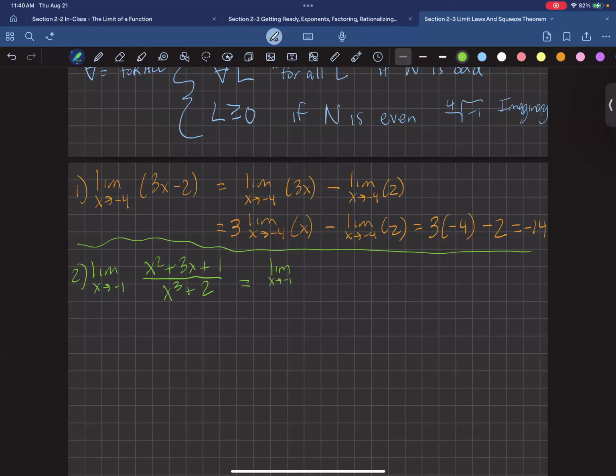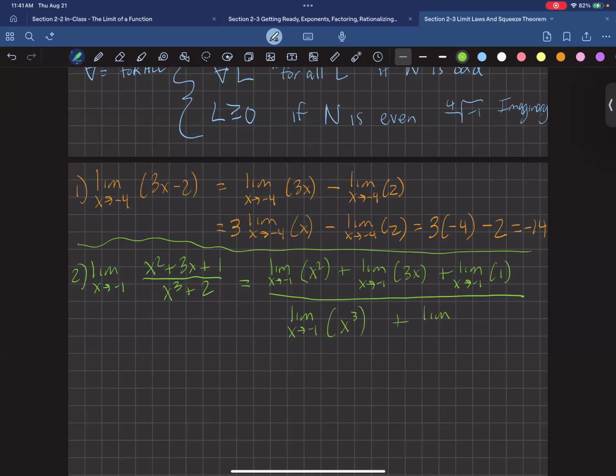The limit as x goes to -1 of x squared, plus the limit as x goes to -1 of 3x, plus the limit as x goes to -1 of 1. Again, we'll learn something faster in a second, but the faster thing works because this step is true. Limit as x approaches -1 of x cubed plus the limit as x approaches -1 of 2.